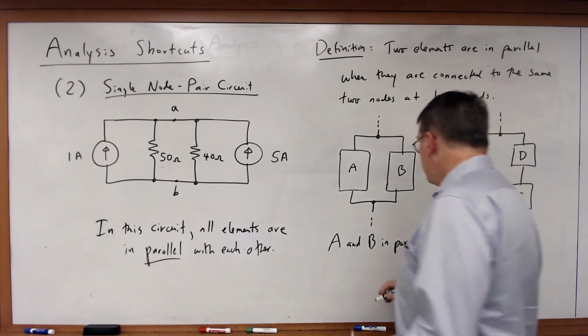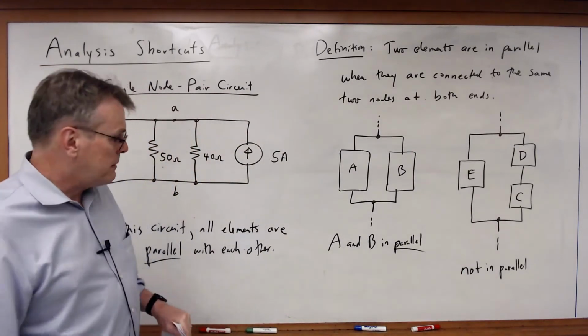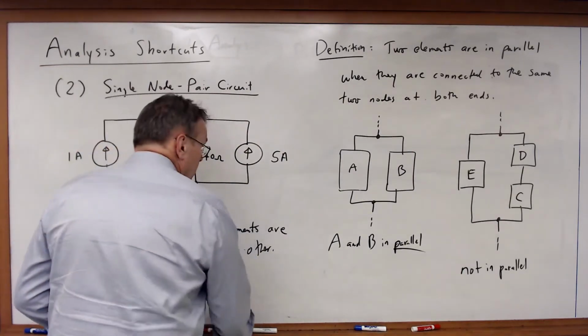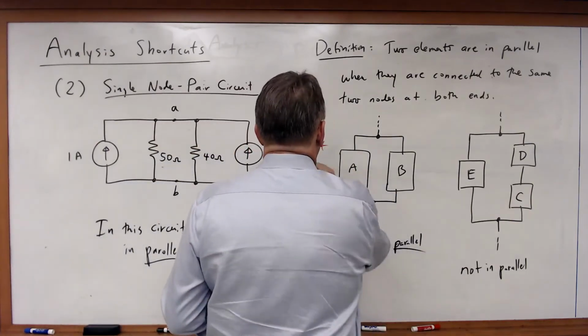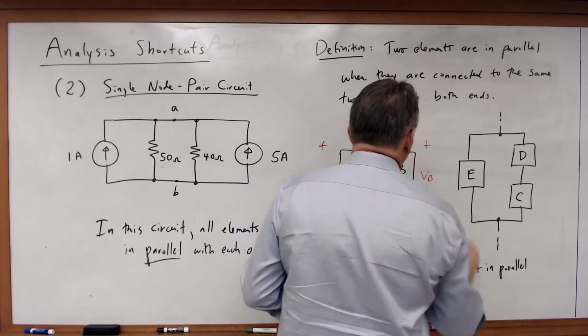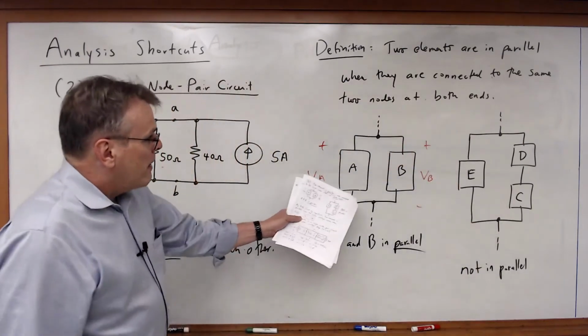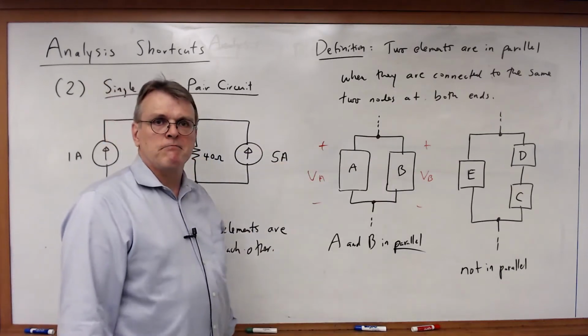So now, why does parallel matter to us? Well, just as we did before, let's go through and define a couple of voltages, VA and VB. This is a simple loop between those two elements.